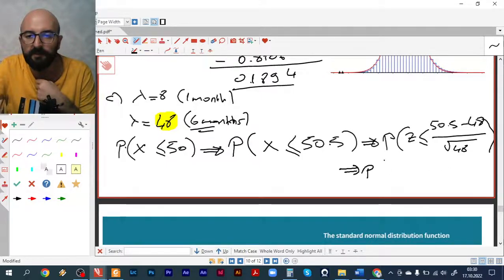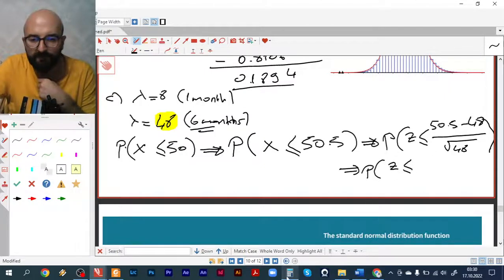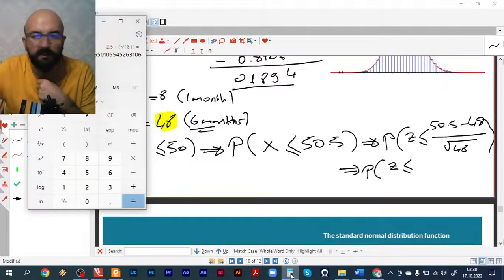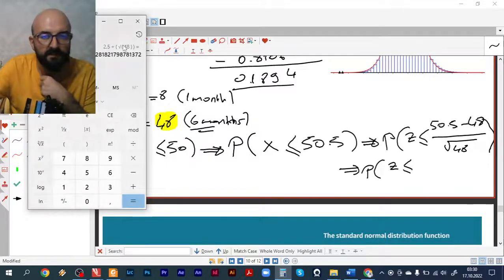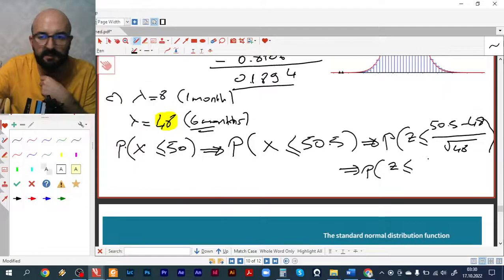So the probability of Z less than or equal to 2.5 over the square root of 48 means 0.36.